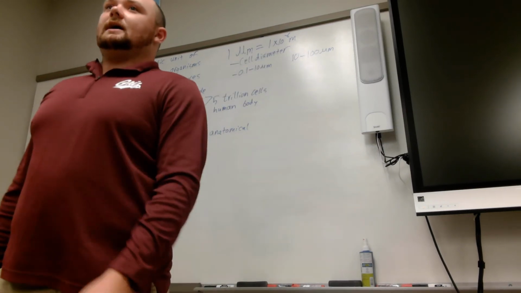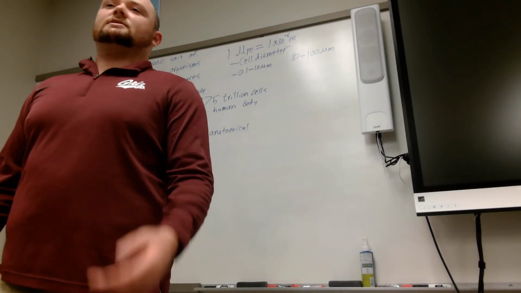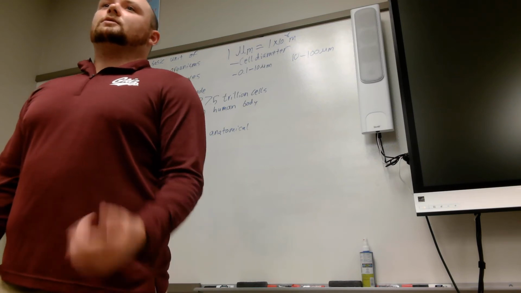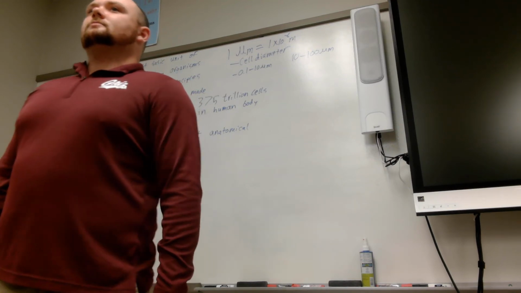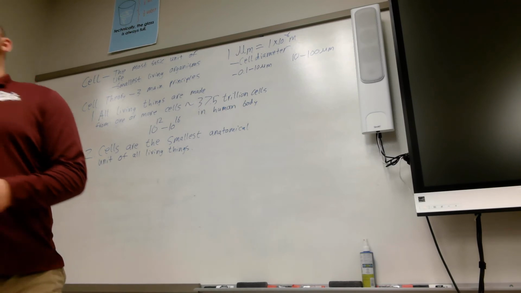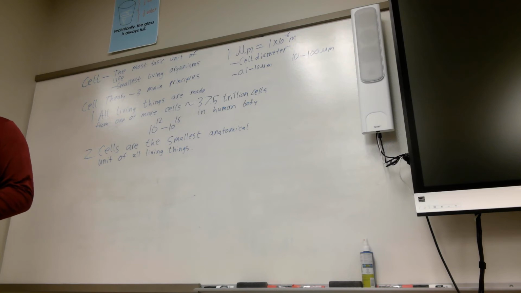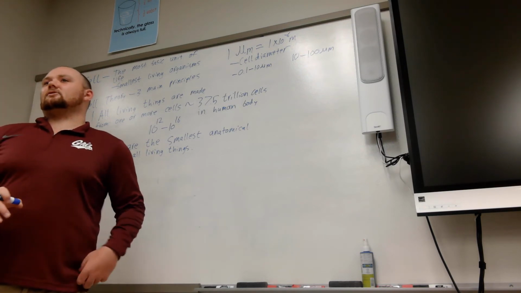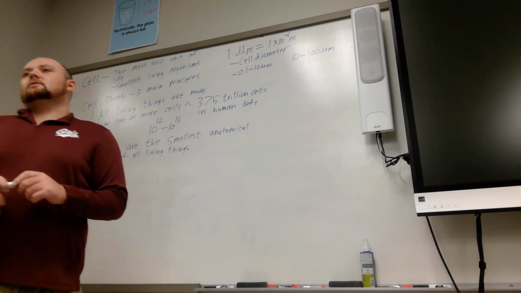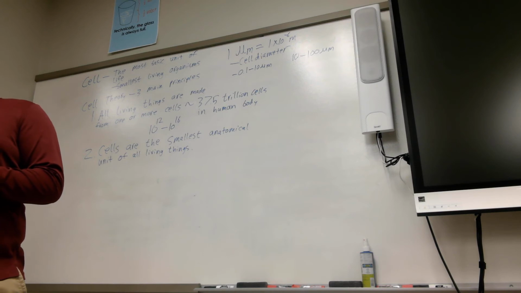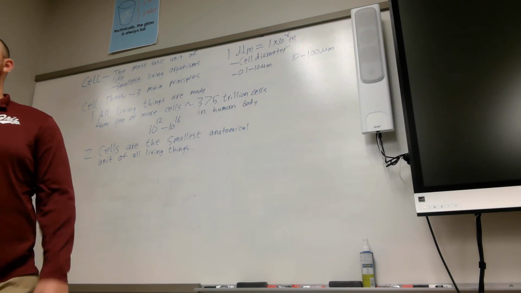Atoms are the smallest thing besides protons, neutrons, and electrons. You can see cells underneath microscopes. You can't see atoms without really special equipment, and then you're not even really seeing the atom, you're just seeing the electron cloud around the atom. So yeah, atoms are really tiny.